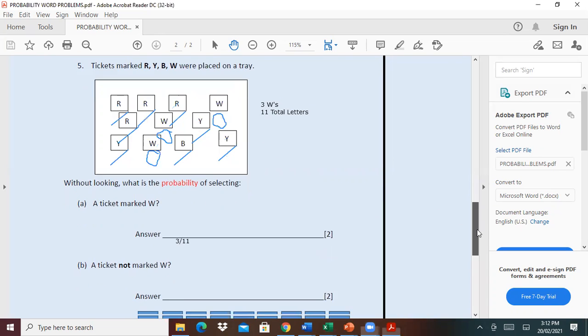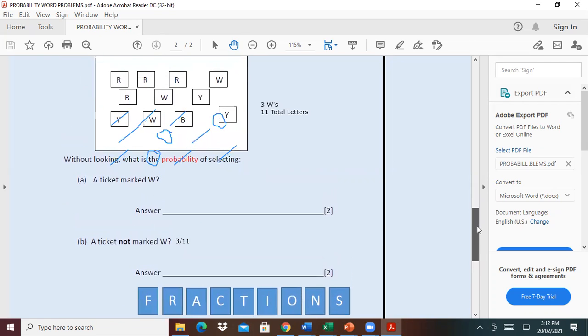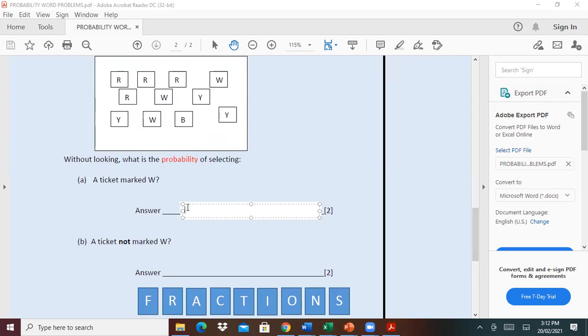So let's go ahead and, oops, just clear all drawings. We'll put this one back. We said this was 3 out of 11. And this one, the answer is 8 out of 11 total.